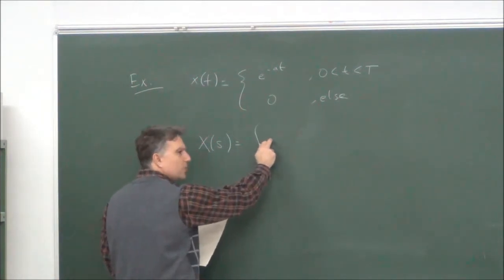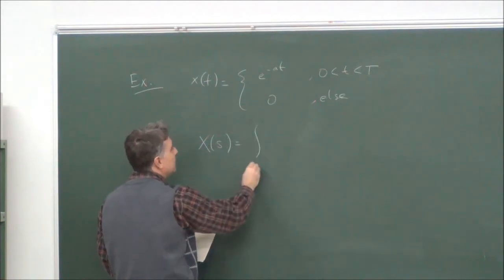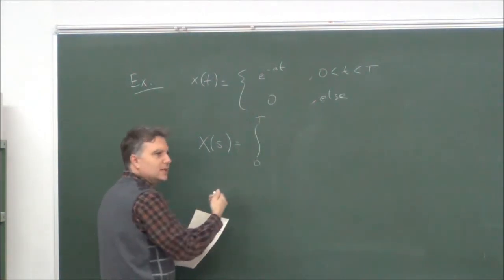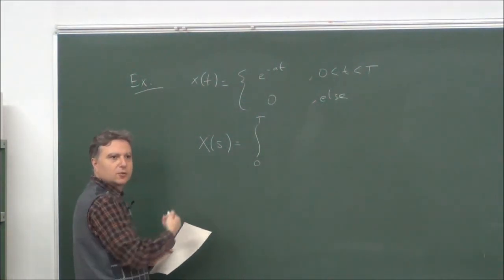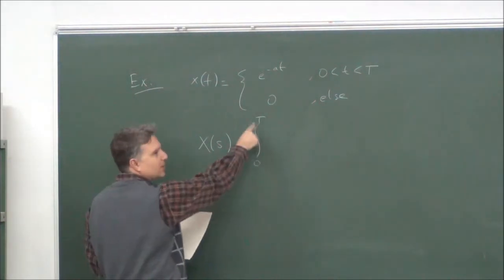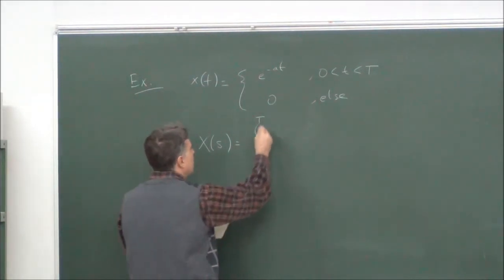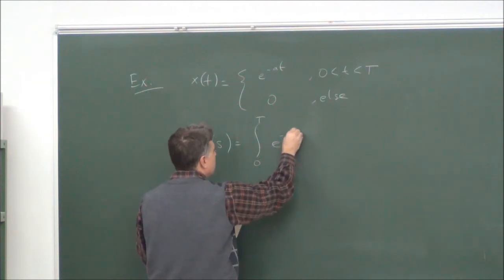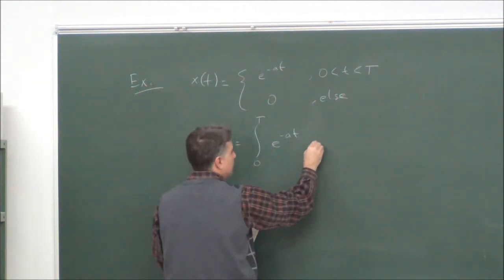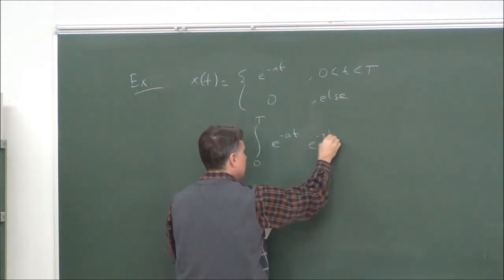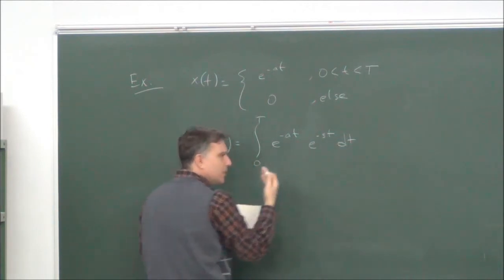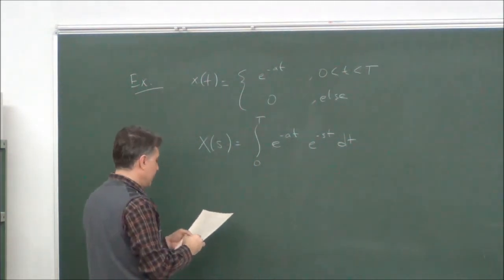We will have x(t), but x(t) is valid only from 0 to capital T. So let's not start from minus infinity to go to plus infinity. x(t) is already within this range. And within this range, the signal is e^(-at), and the Laplace kernel is e^(-st) dt. So we need to take this integral, in other words.